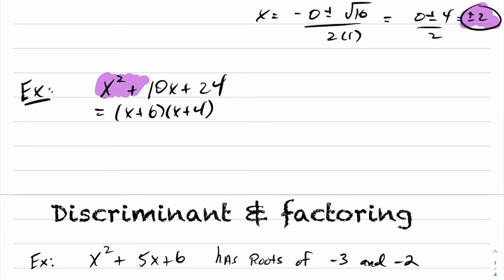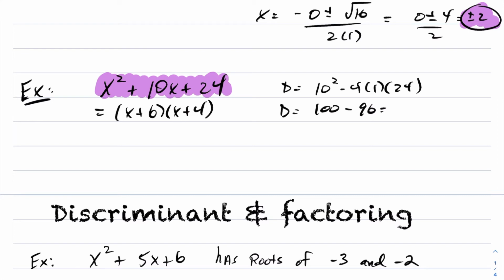Okay, let's try another. Same idea here. My discriminant here is going to be b squared minus 4ac, and the discriminant ends up being 100 minus 96, which is 4. The discriminant is 4, which is obviously a perfect square. So again, we have a quadratic that is factorable. The discriminant is a perfect square.